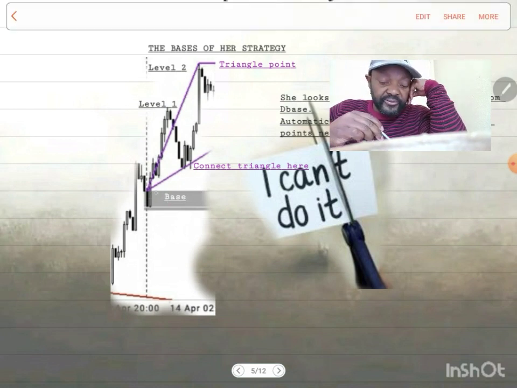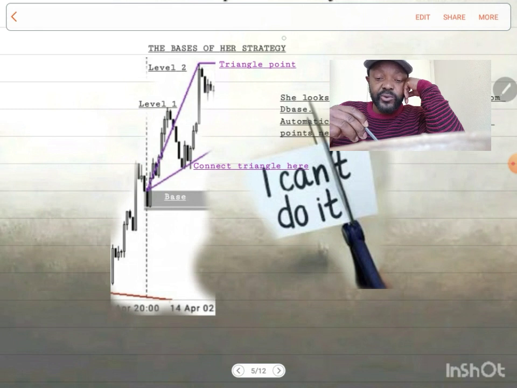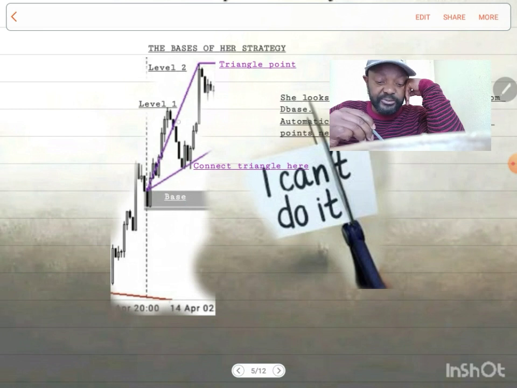We find the base of the day, and then we let the first level slide, the second level slide, and then we look for the third level. Remember, this level 2 might not go back to base, or the base created by level 1.